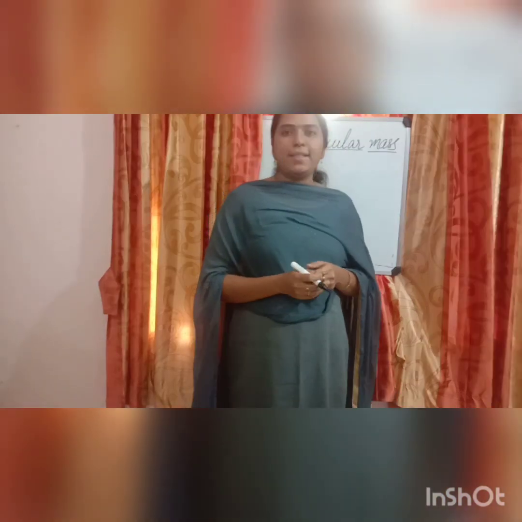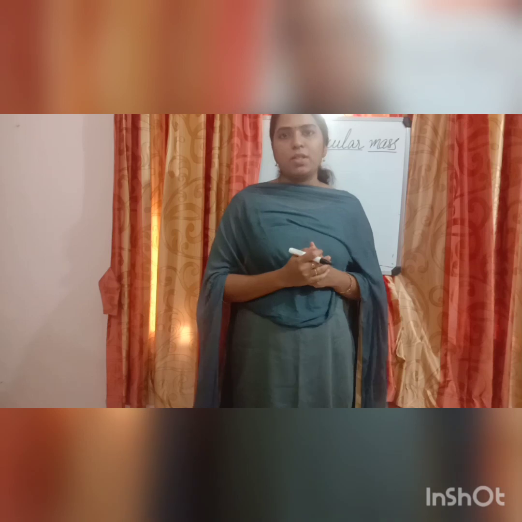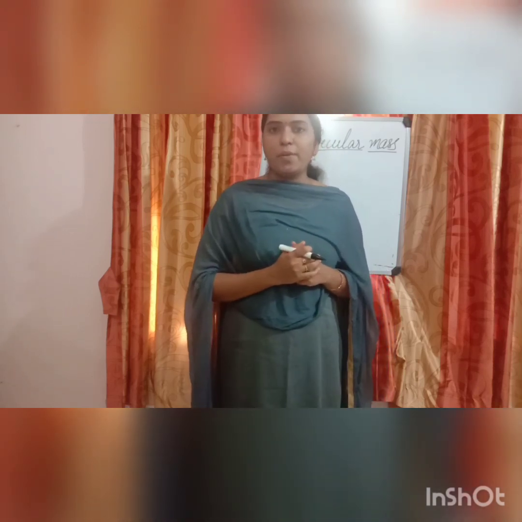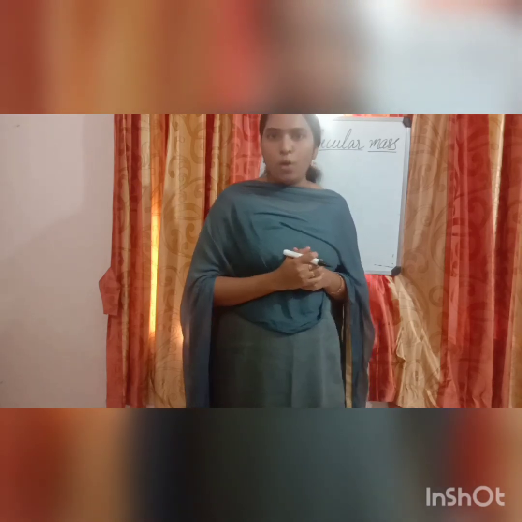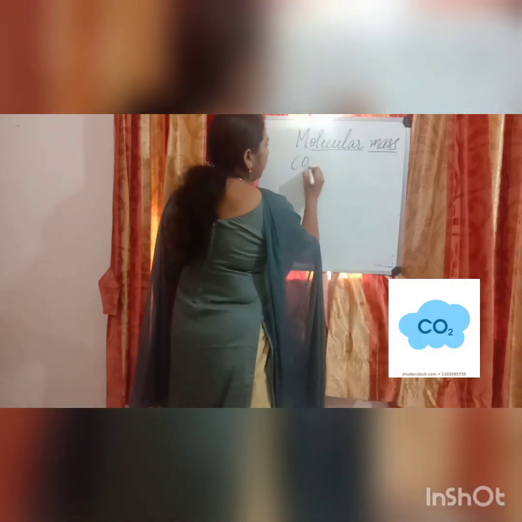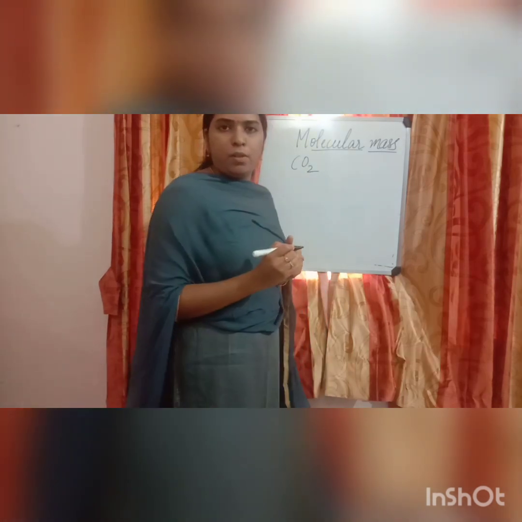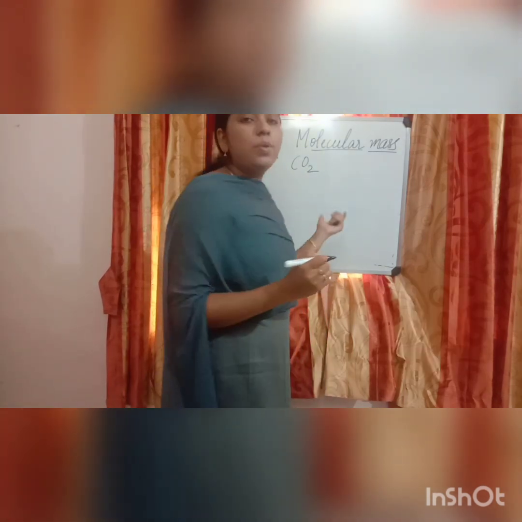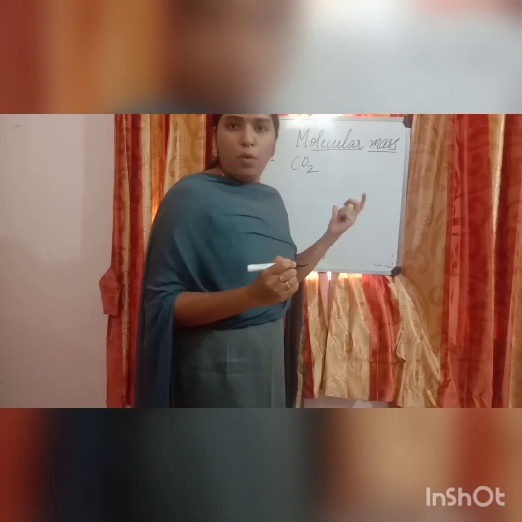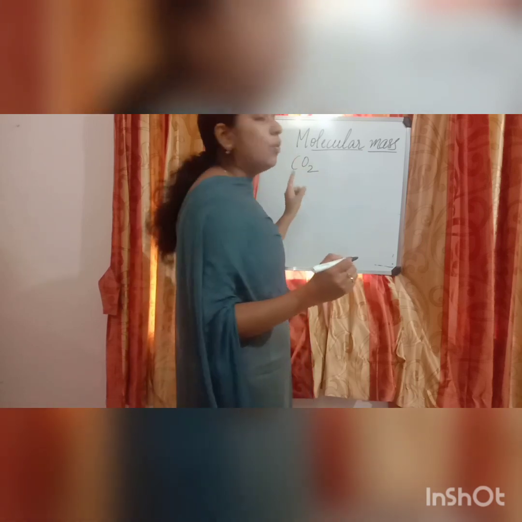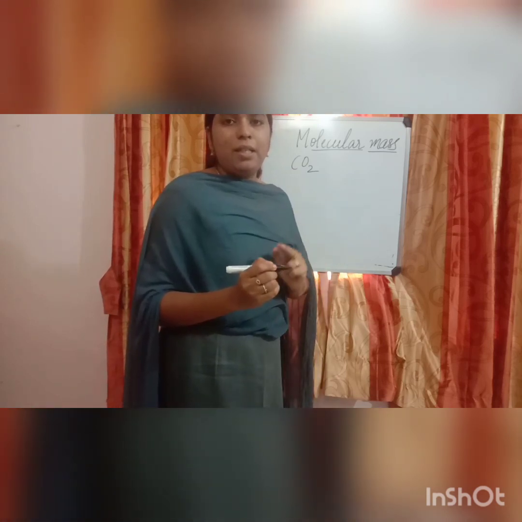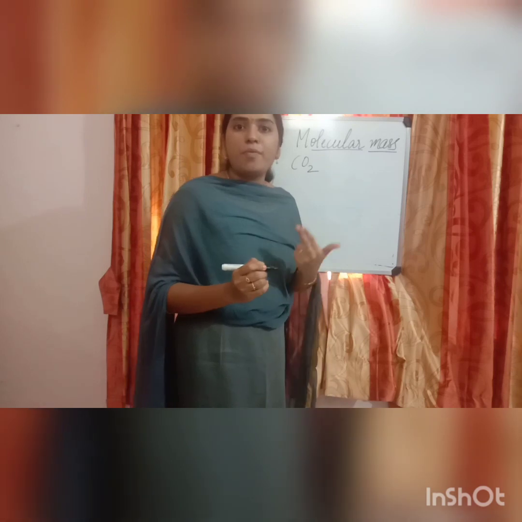Children, next let us calculate the molecular mass of carbon dioxide. What is the molecular formula of carbon dioxide? Yes, as we all know, the molecular formula of carbon dioxide is CO2. Okay, then you have to consider the number of atoms present in the molecule. Here 1 carbon atom and 2 oxygen atoms are present. Then in the first step, what you have to do?